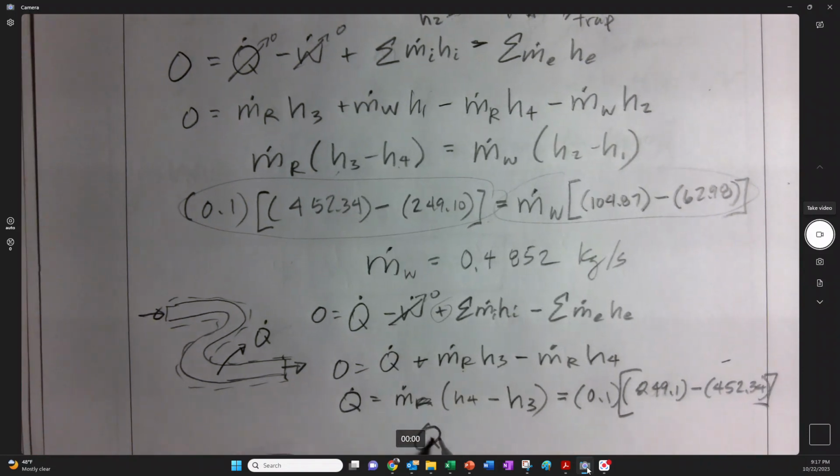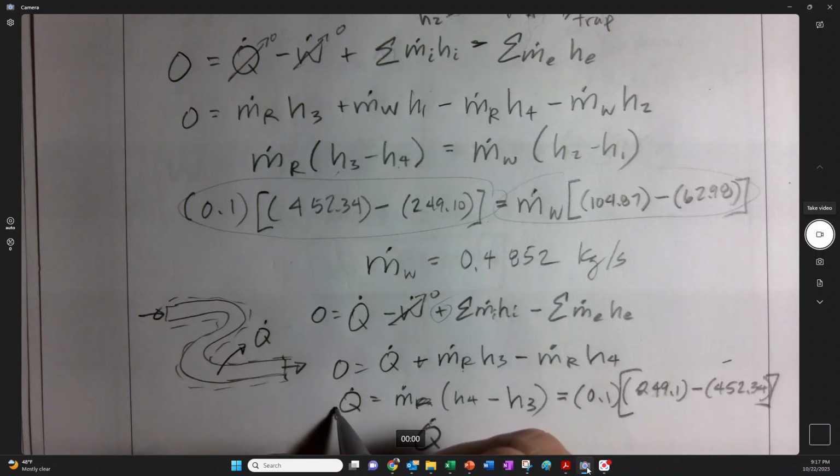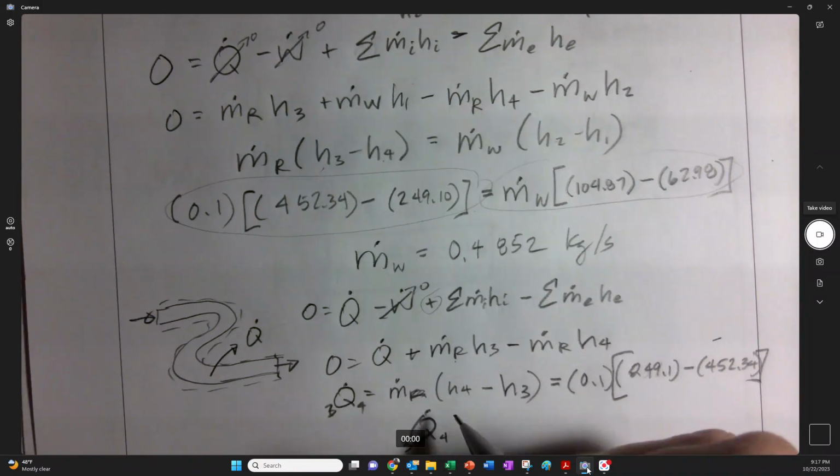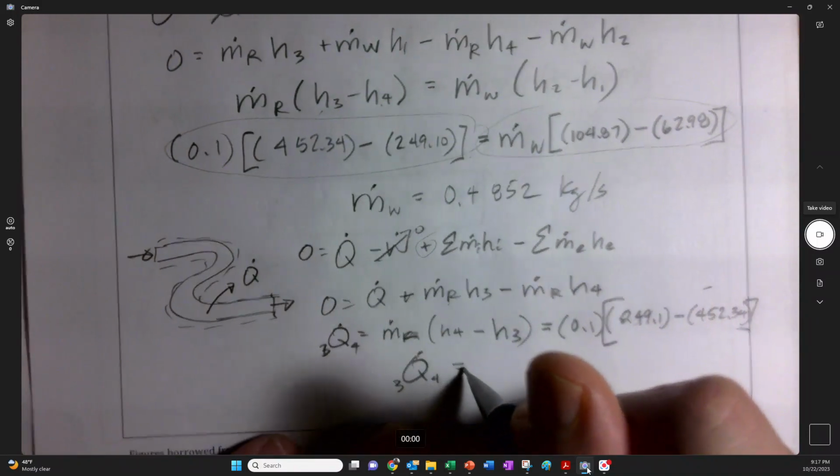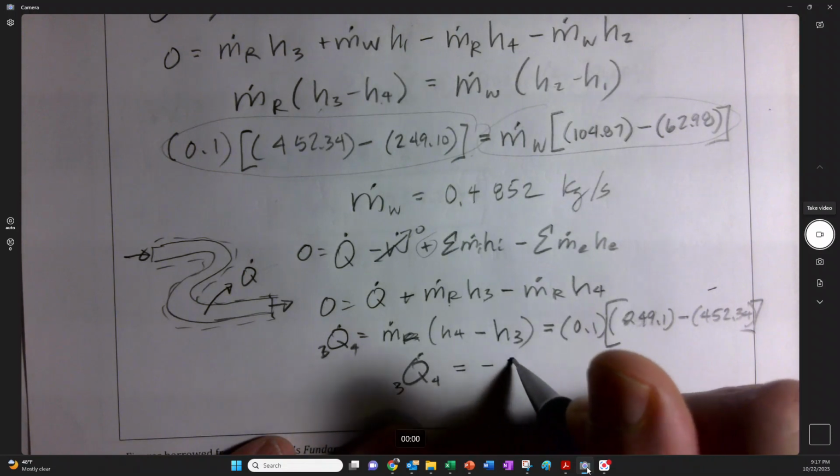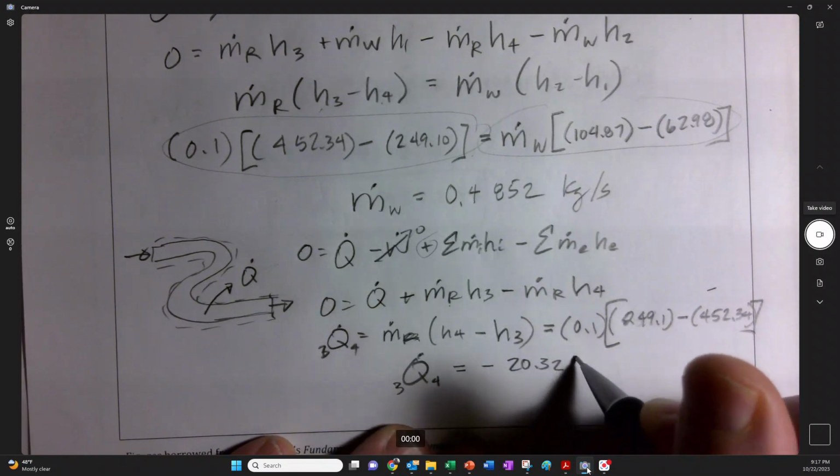And you should get a Q dot between 3 and 4, and you end up with minus 20.32 kilowatts.